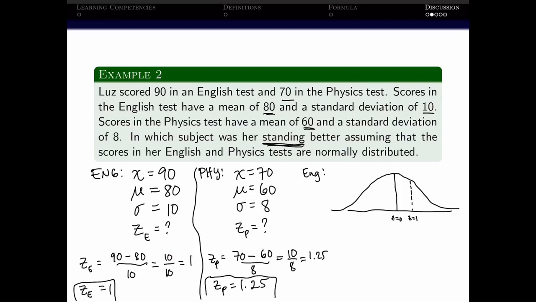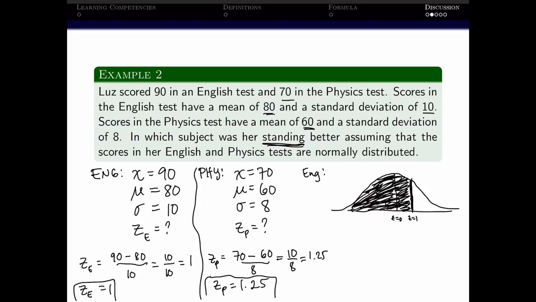This is the standing of Luz, meaning Luz is right here. And those students who scored less than Luz in English are here in this area, to the left of Z equals 1. So this area represents the number or the percentage of students who scored less than that of Luz.